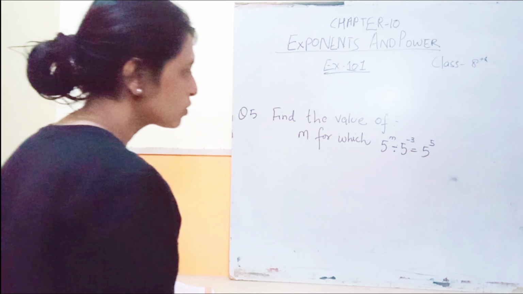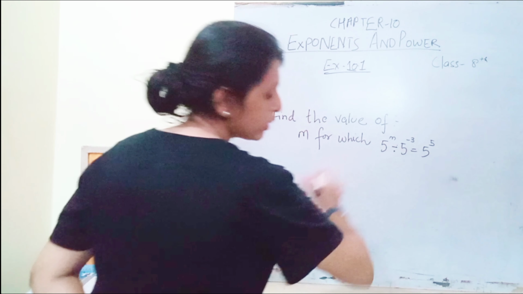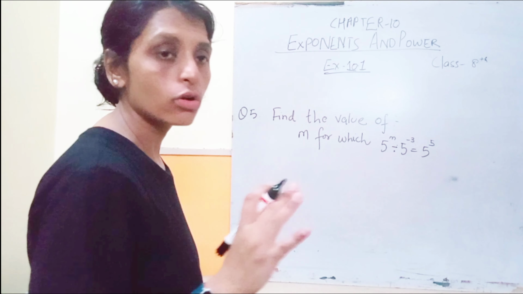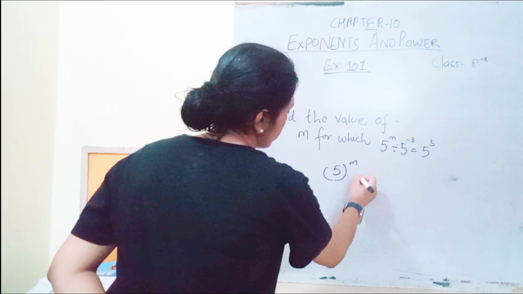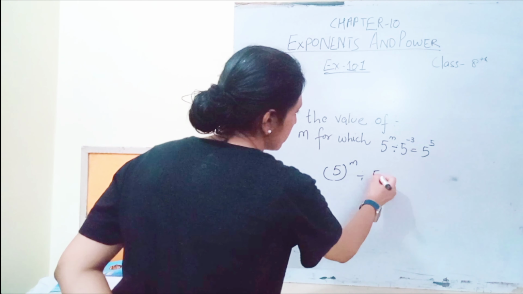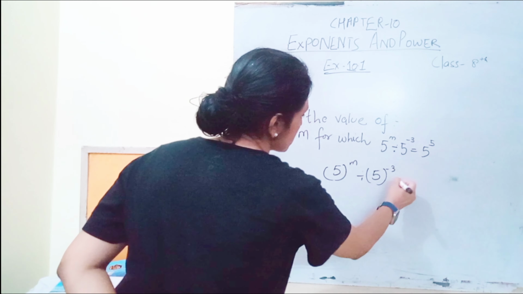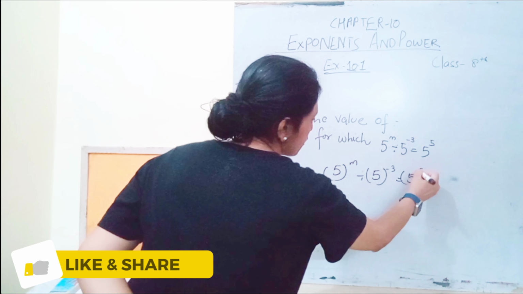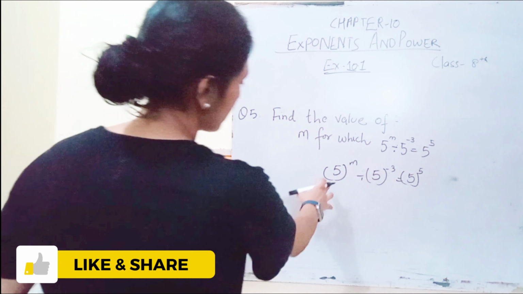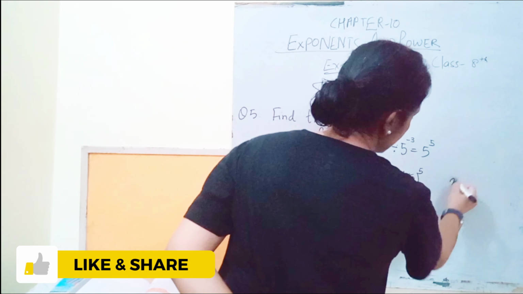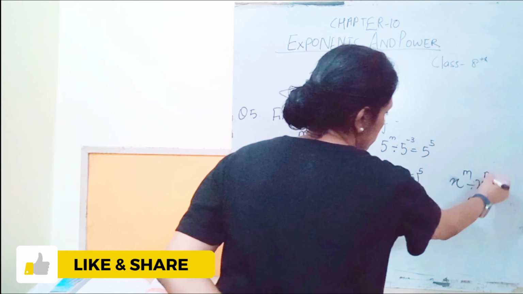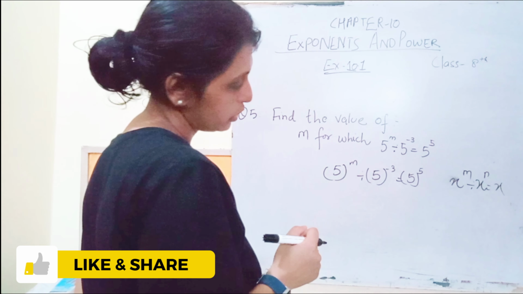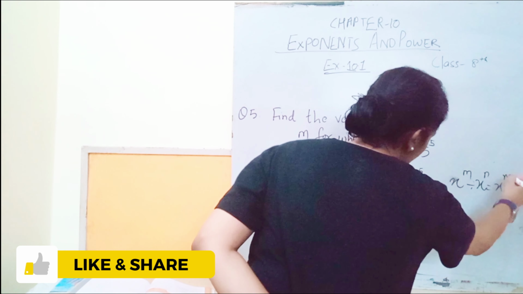Okay, so here we can apply the laws of exponents. See children, 5 raised to power m divided by 5 raised to minus 3 is equal to 5 raised to power 5. जब base same होता है, I'm writing the law here, x raised to power m divided by x raised to power n, और बीच में division operation applied होता है, the powers are subtracted.